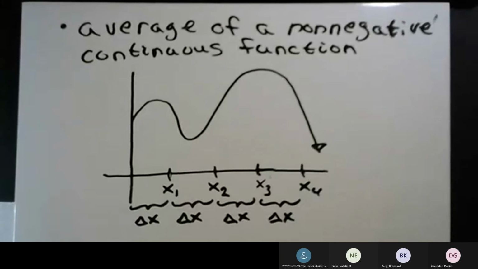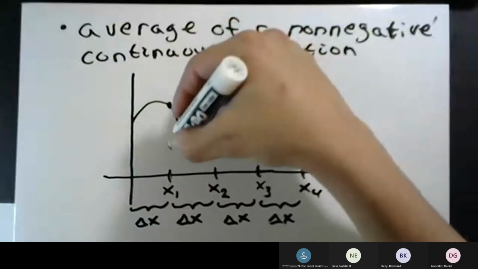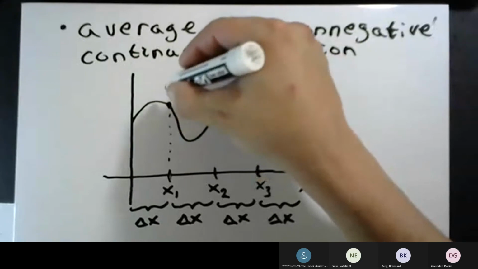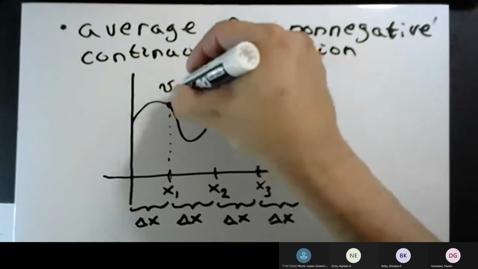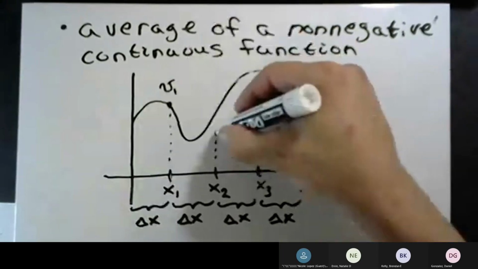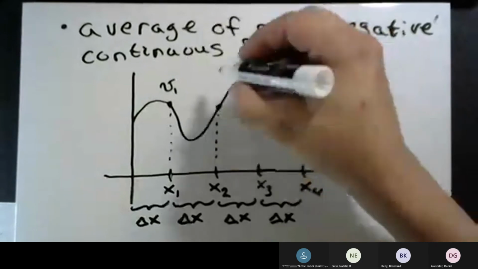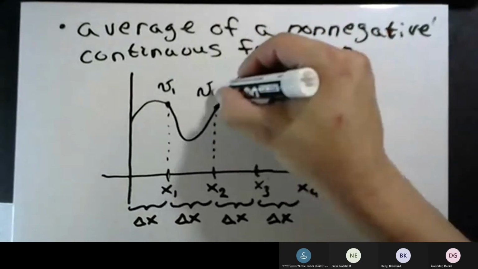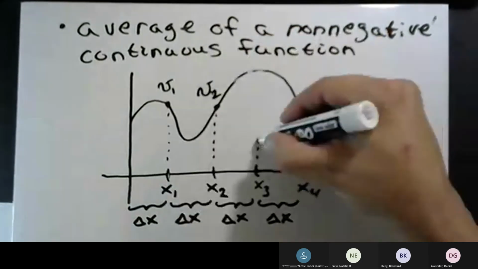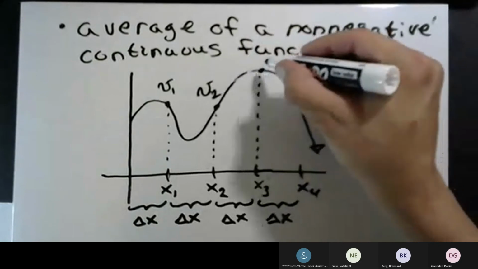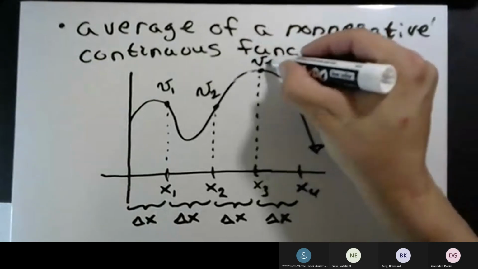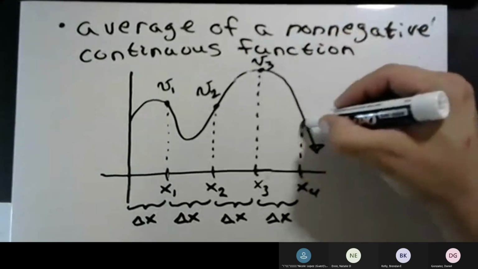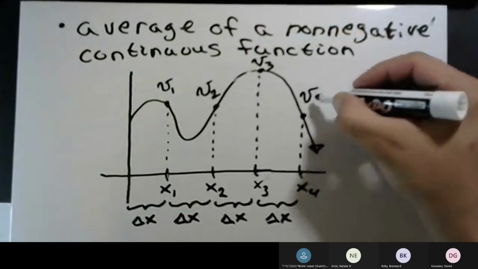And so we're going to take a look. Call this V1, V2, V3, and V4.